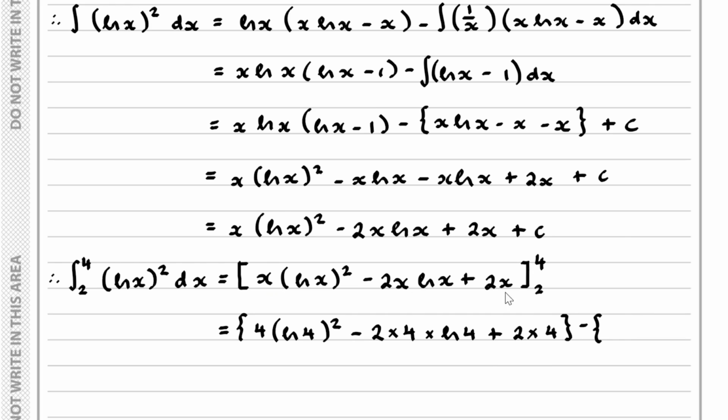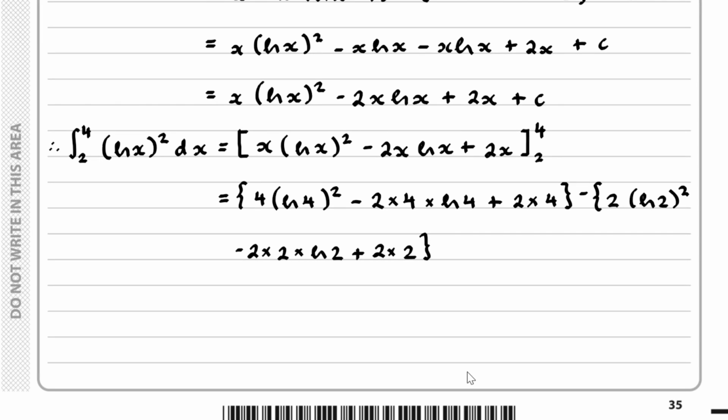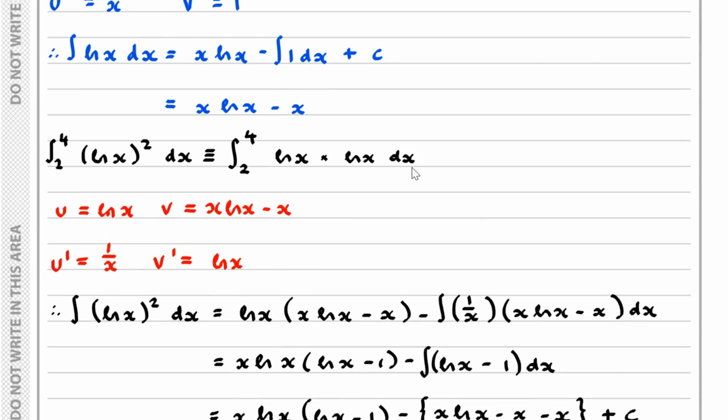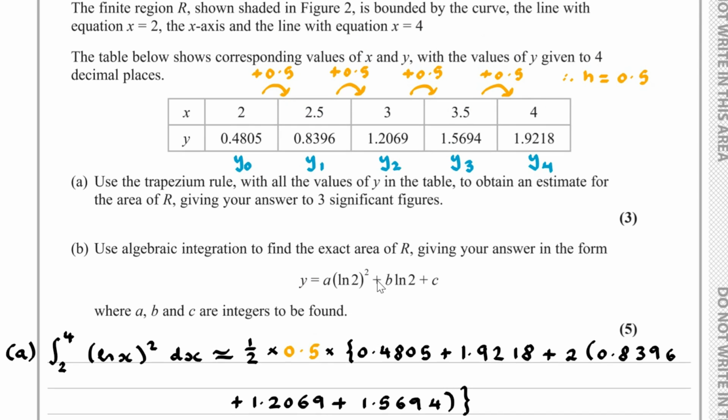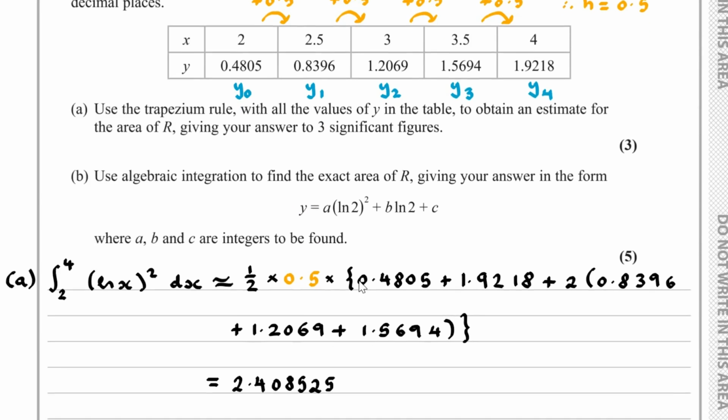And for the lower limit, substituting in 2, we've got 2 lots of natural log of 2 all squared minus 2 times 2 times natural log of 2 plus 2 times 2. So we need to tidy up all of this even further. And if you remember what the question said, we want our answer to involve natural log of 2's only.